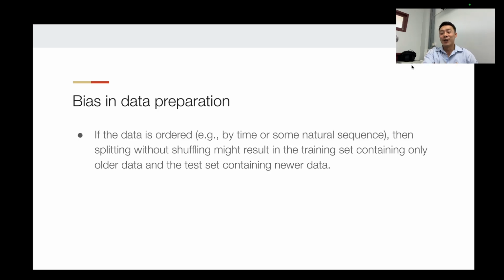With some limitations. When you prepare the data, if the data is ordered by date, then you don't shuffle it. Usually you shuffle it so that the test set and training set have the same distribution.